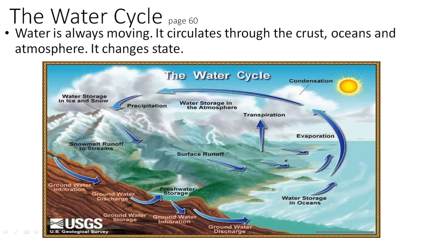And the motor of the cycle is two forces: gravity and sunlight or sun energy. These two are the motor of the cycle that keeps water moving all the time.